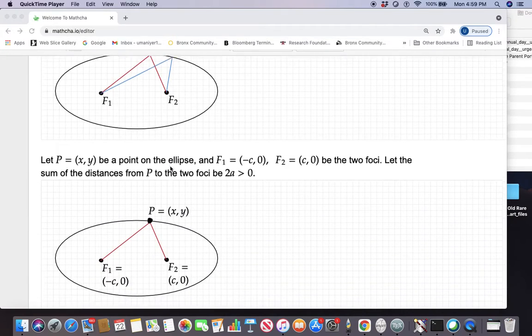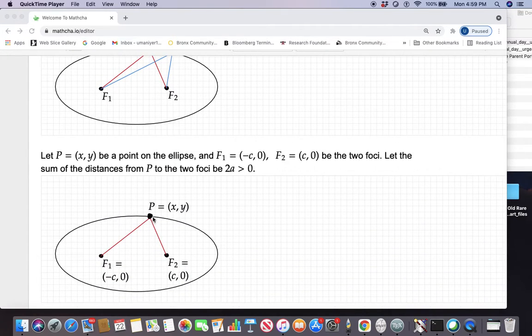So let P(x, y) be a point on the ellipse. Suppose the two foci are on the x-axis, placed equally away from the origin. The first focus is at (-c, 0), the second focus is at (c, 0). So they are on the x-axis either side of the origin, and your point P is on the ellipse.